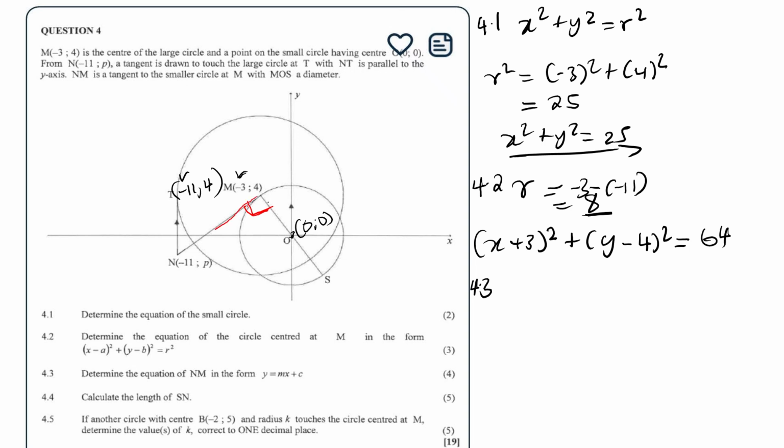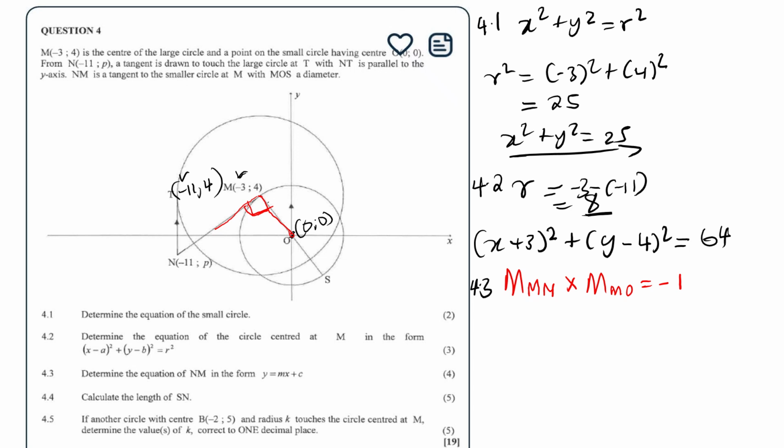This is a tangent to the small circle, and this is a radius. Therefore, the gradient of MN multiplied by the gradient of MO is equal to -1. That way we will be able to find the gradient of MN.